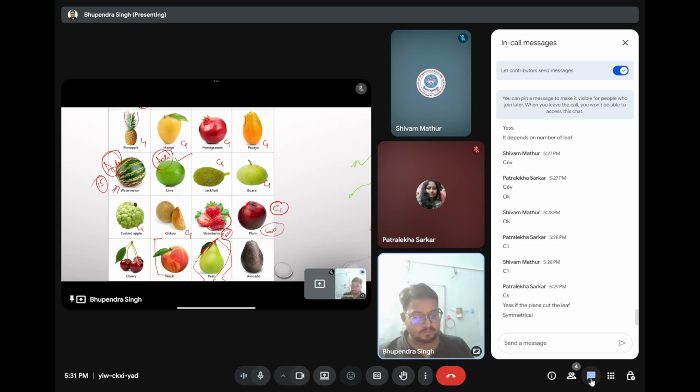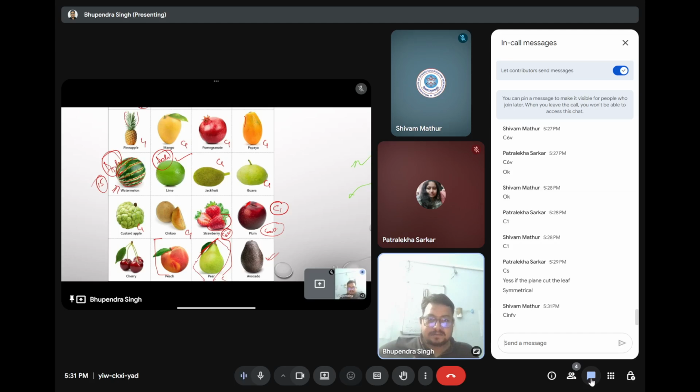Okay, try to find the point group of avocado. So okay, if that is the case, then in many cases I think I have mistakenly found the wrong point group.